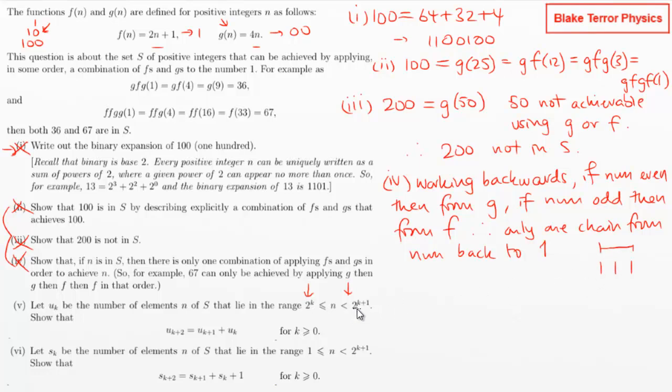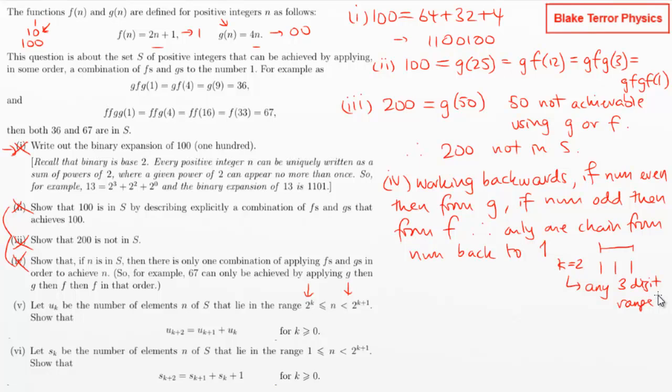So say K was 2. So K is equal to 2. We want any number which is 111 or lower, but it has to be 3 digits. So if K is 2, we want any 3-digit number. Yeah, anything in the 3-digit range.